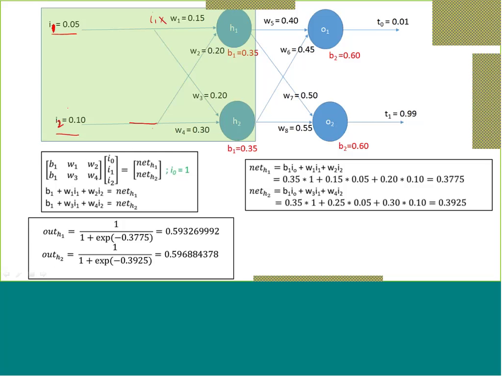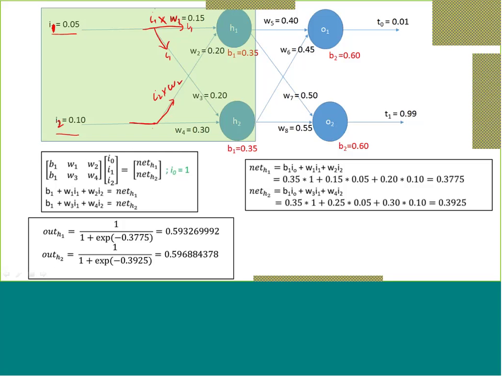This I1 also goes to this path, so these both are I1. I1 is multiplied by W1, and this I2 also goes to this path, so I2 is multiplied by W2.